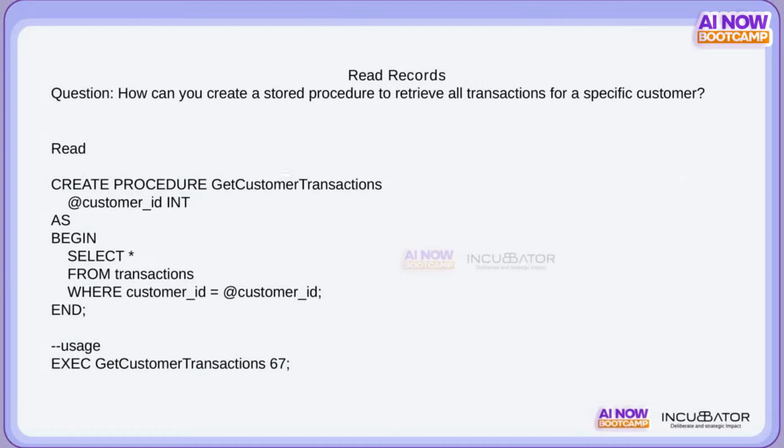So when it comes to select, like to read, the way we normally write our select statement, maybe you always query a particular database. For example, I say select all from my table name where customer ID equals something, or maybe where store equals store ABC, right?